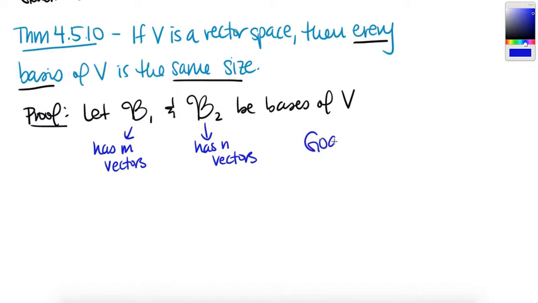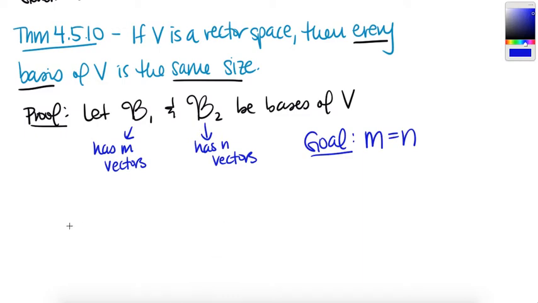If we want to show that every basis is the same size, what is our goal of this proof? B1 has size m, B2 has size n. We want to show that they're the same size, so we need to show that m is equal to n. That is our goal. They might be two different bases with different vectors. That's fine, but they're going to have the same number of vectors, the same size.